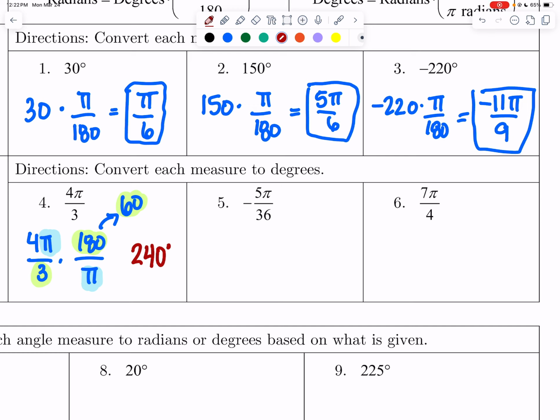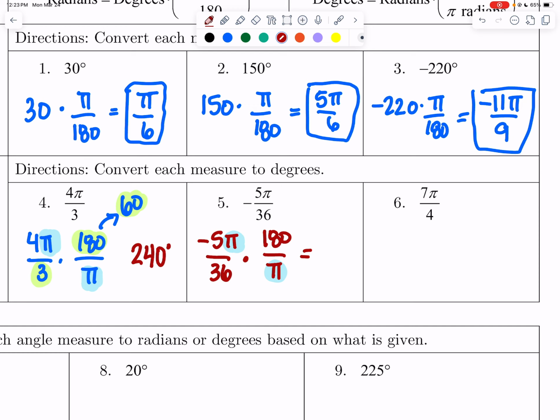For negative 5 pi over 36, I am going to multiply by 180 over pi. The pi's will cancel out. Now with 180 over 36, let's see.